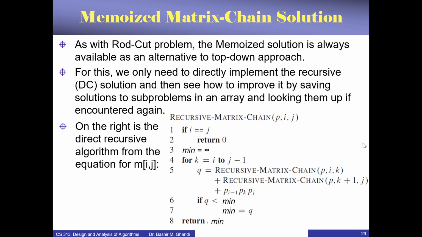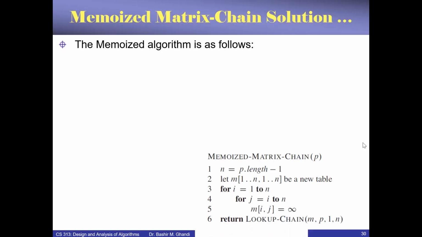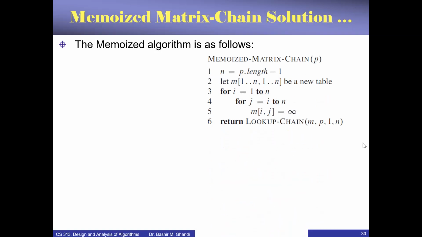You use the same recursive algorithm, just modify it to include memoization, meaning to introduce an array that will allow you to remember previous solutions. Okay, so this is the Memoized version. It normally involves breaking the algorithm into two.